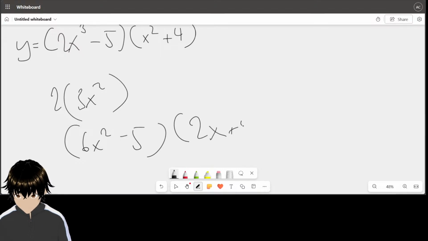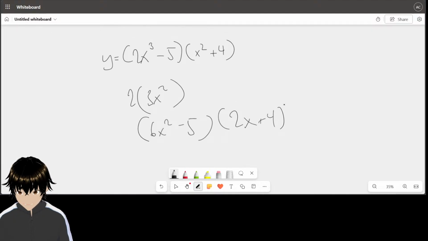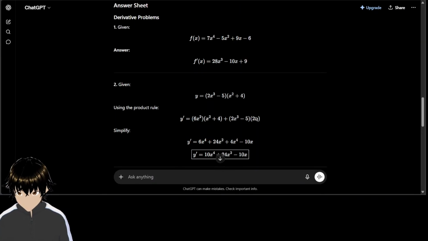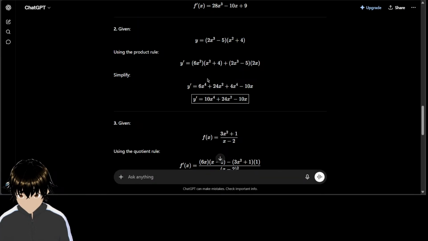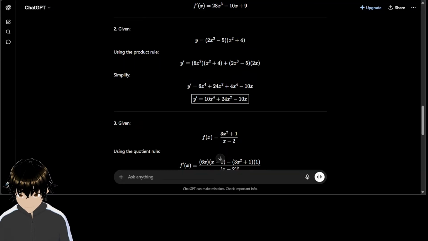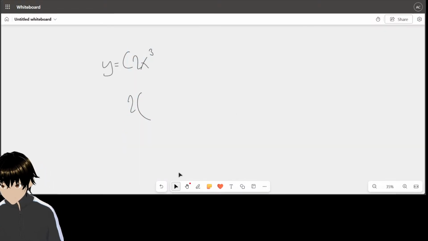So you have 2x plus 1. So, I think we're going to foil. Foil. Should we foil? Do I foil here? What? Oh, crap. Do I actually foil here? Oh, using product rule. Damn. There's a lot of rules. So many rules.